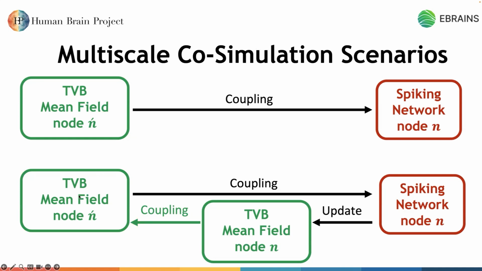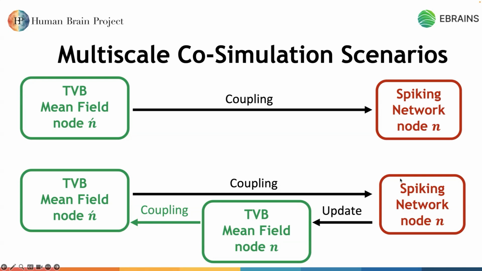So from TVB nodes to spiking networks, what we implement really is a coupling, because if some regions are modeled in TVB and some others in spiking networks, obviously we have to send input from the nodes from TVB towards the rest that are in the spiking network.